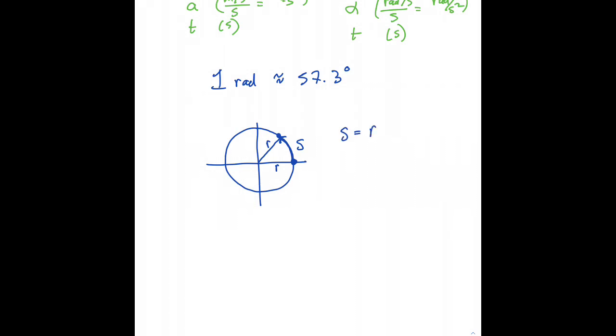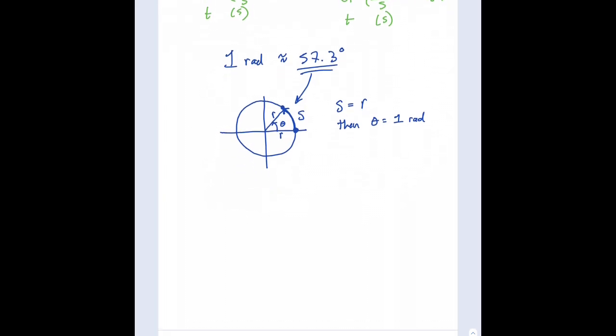If s is equal to r, then the angular displacement theta is equal to exactly 1 radian. And that looks about right. That's about 57 degrees. Now, where can we get 57.3 from exactly?